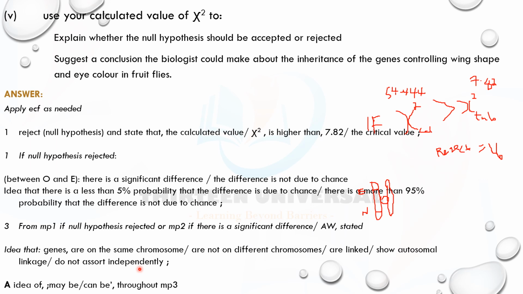So that's what we said at the beginning. They are on the same chromosome, so they do not assort independently. Where one goes is where the other one goes. This is autosomal linkage. You see that we're applying paper 4 concepts here.